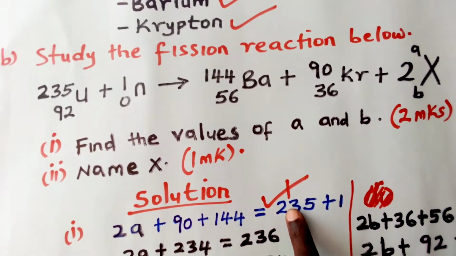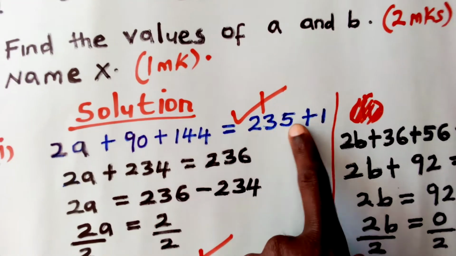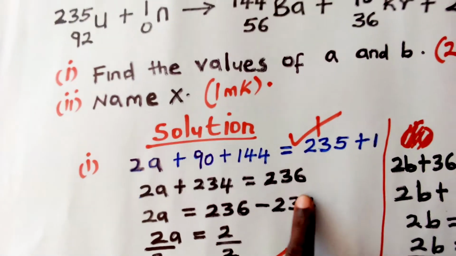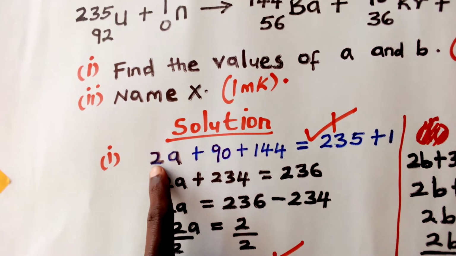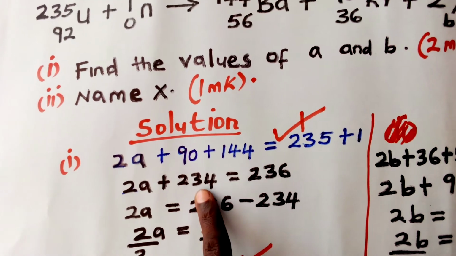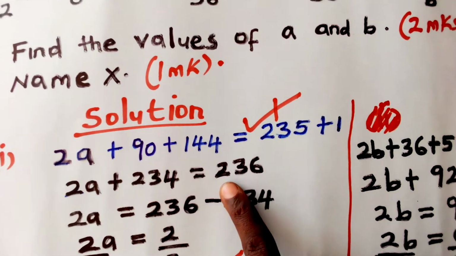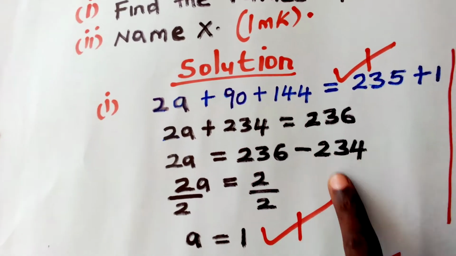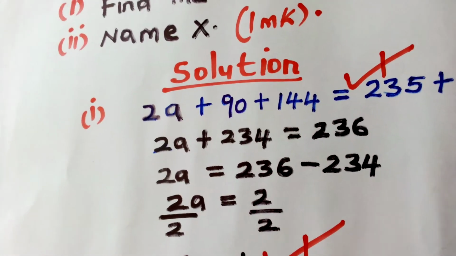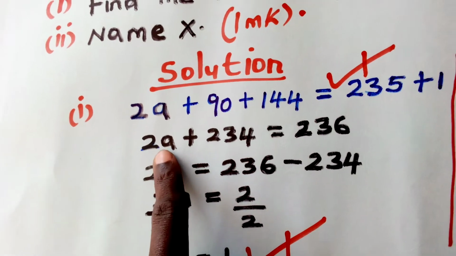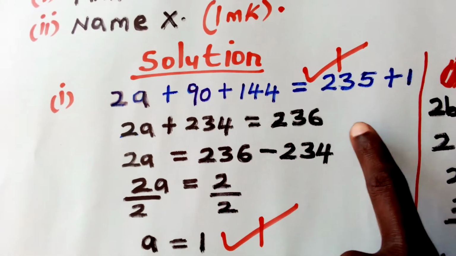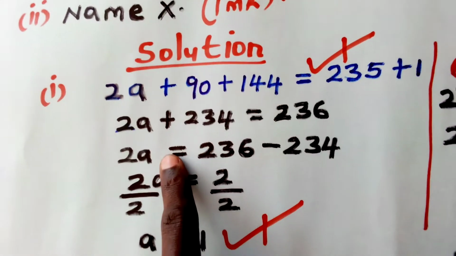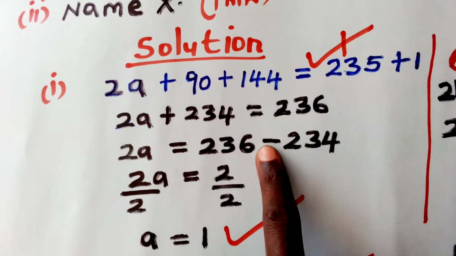When you add 235 plus 1, you get 236. When you add 90 plus 144, you get 234. So you end up with 2A plus 234 is equal to 236. Now we collect the like terms. Since this one has A, we leave it alone. These are numbers, we put them together. So we take this one, and when it crosses the equal sign, it becomes a minus.